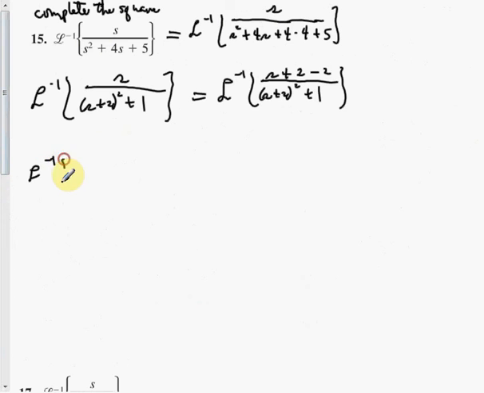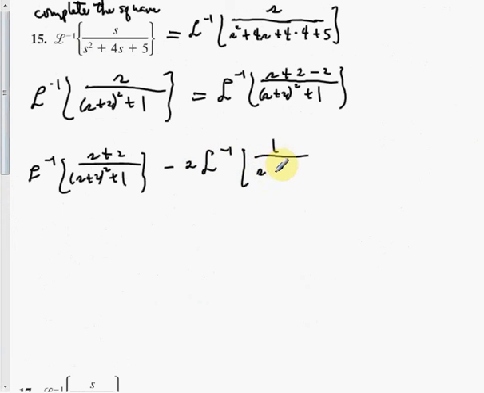This is the inverse transform of s plus 2 all over s plus 2 squared plus 1. Now the other guy I'm going to bring out, this is negative 2 times the inverse of 1 over s plus 2 squared plus 1. That second guy is going to give me a sine. The first term gives me the cosine.